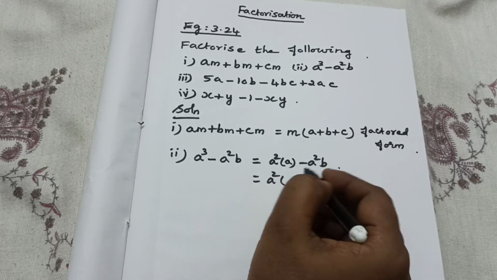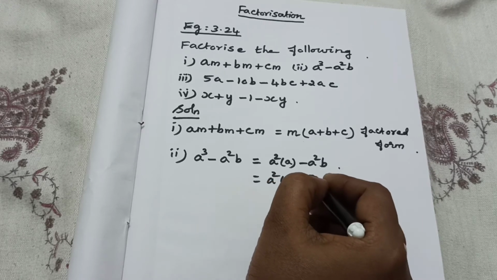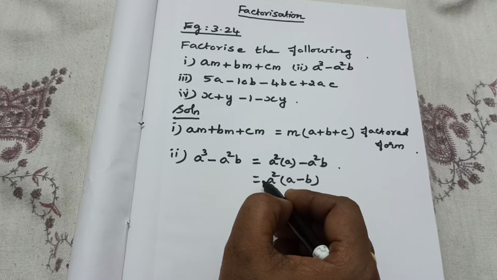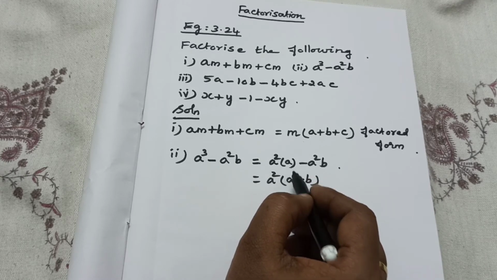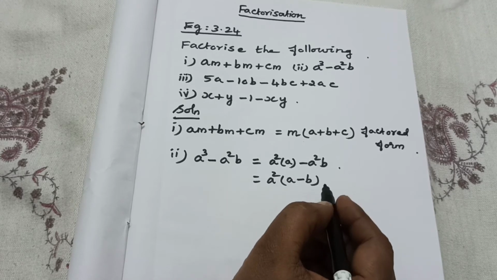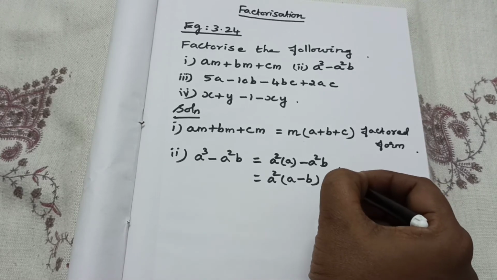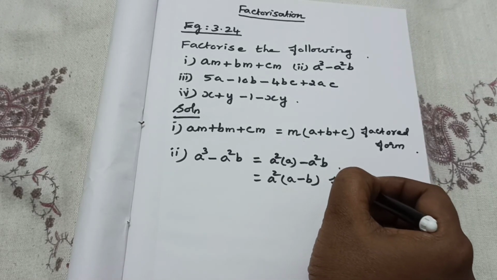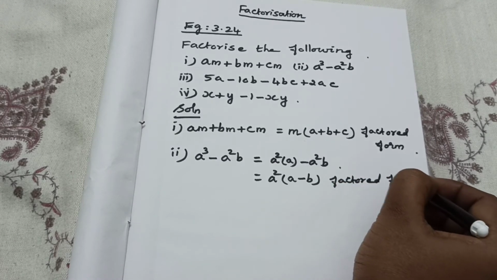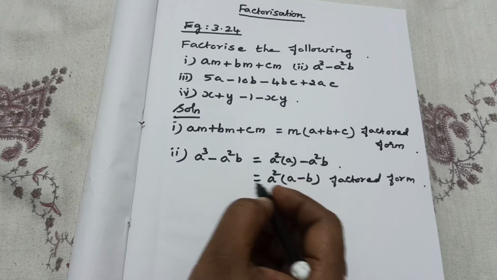Remaining a minus b. A square we took outside, isn't it? So what we will get? A square into a minus b. This is the factored form. Then third one.